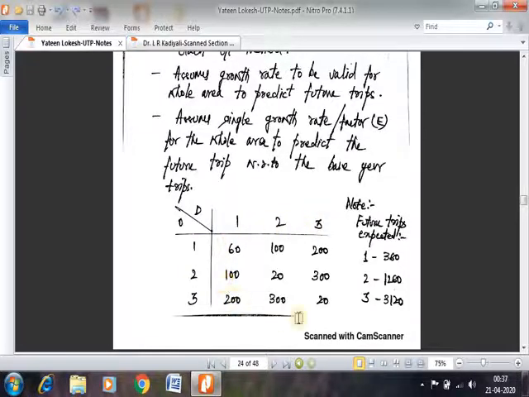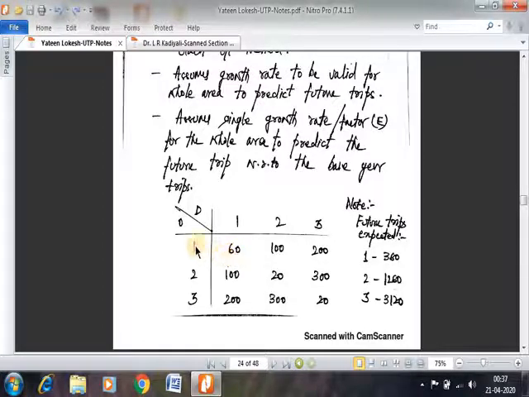This matrix has a number of elements in it. Each one of these elements in this OD matrix represents the total number of trips happening either within the zone or between the zones.